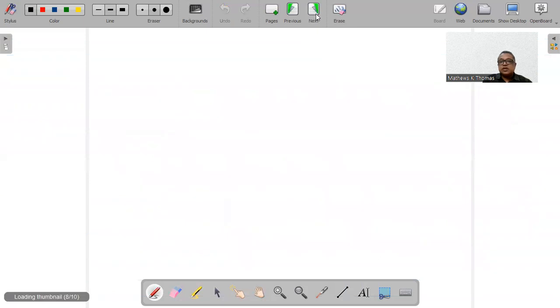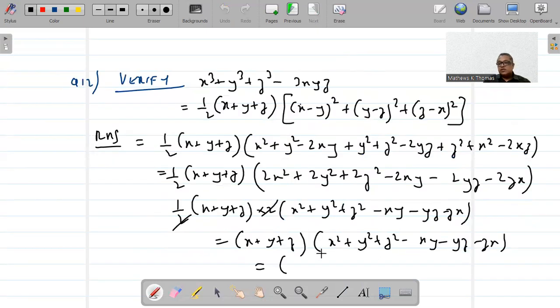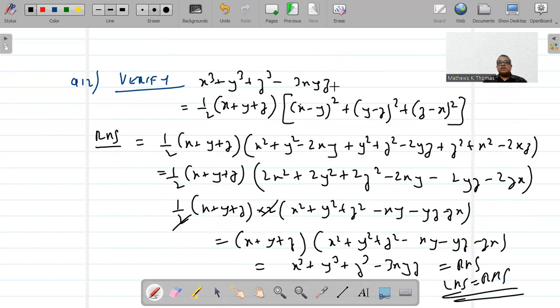We have got (x plus y plus z) in one bracket, (x square plus y square plus z square minus xy minus yz minus zx), which is equivalent to the identity x cube plus y cube plus z cube minus 3xyz. So we get LHS equal to RHS. Hence, we can say that this LHS and this RHS are actually the same.